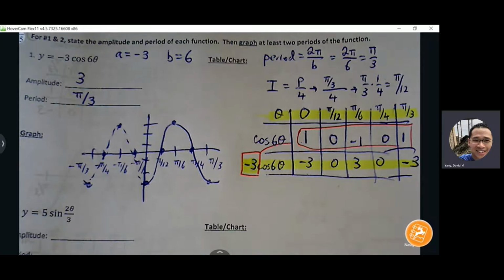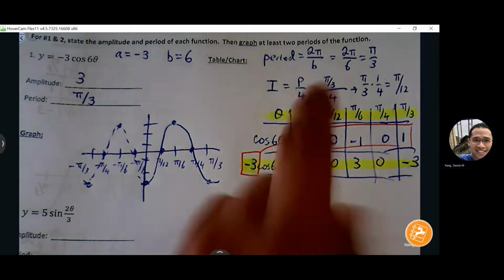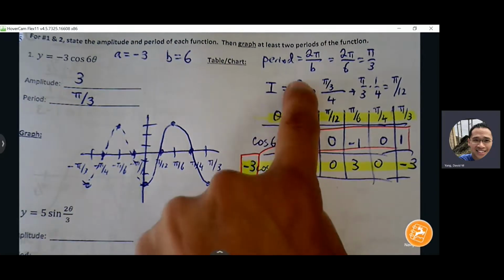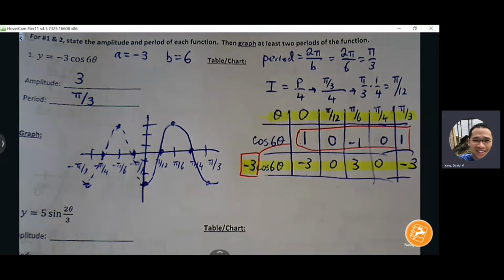Okay, number 2, same idea. Your A value, your B value, 2 pi over B will get you to your new period. Take your period divided by 4, and that will get you to your new interval.